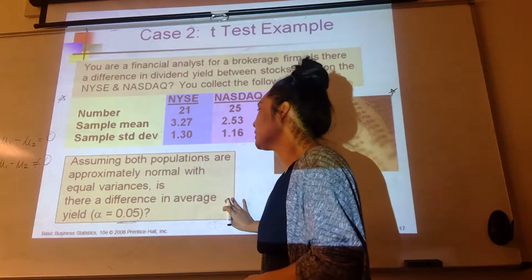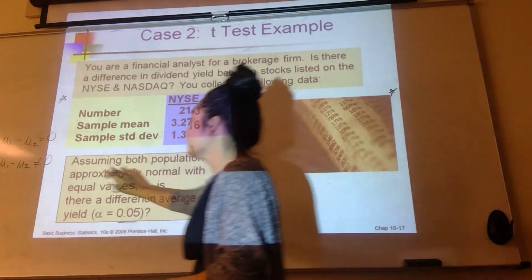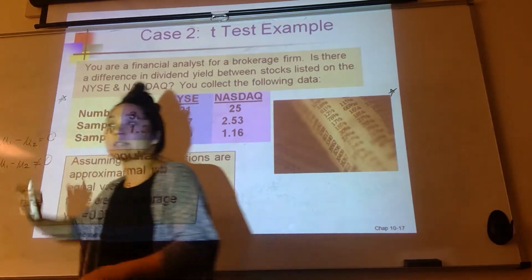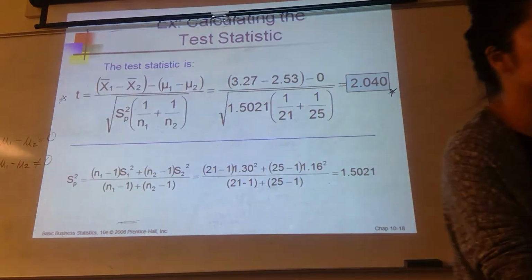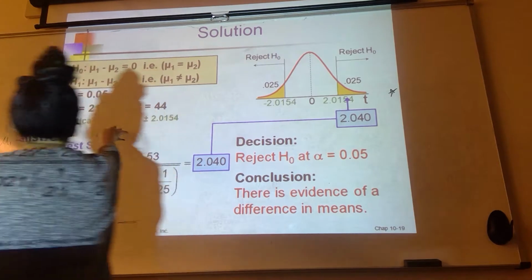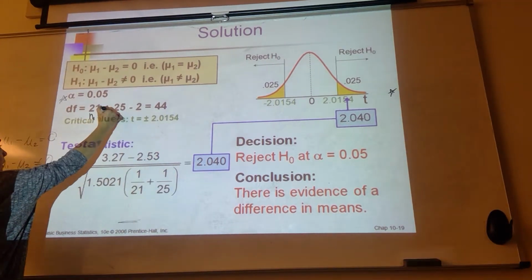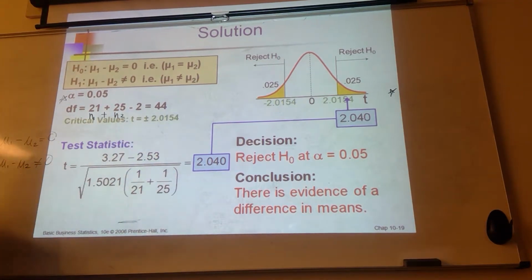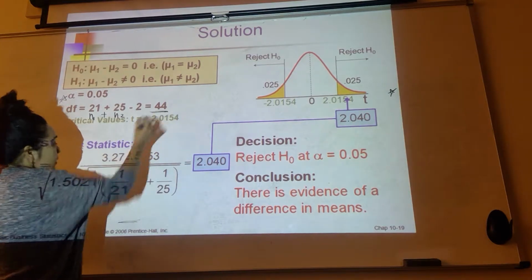And the question is, is there a difference in the averages? Okay, that's what it's asking us. Our degrees of freedom is N1 plus N2, which is 21 plus 25, which is 46, minus 2. So our official degrees of freedom is 44.